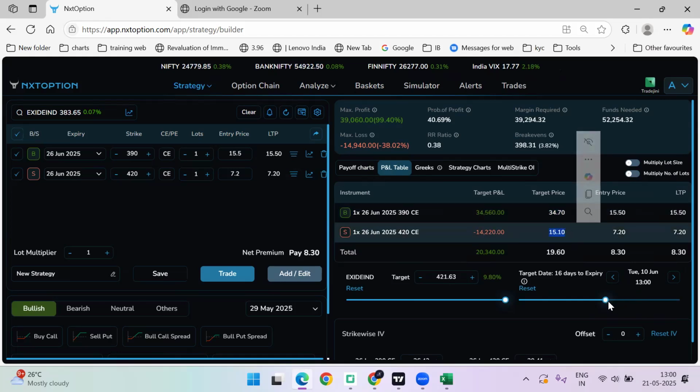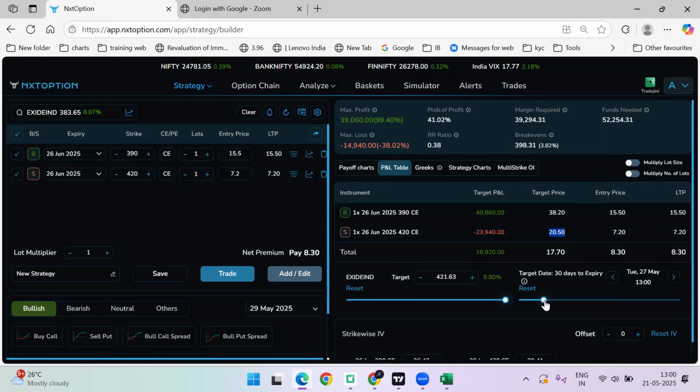Remember, if the price goes up tomorrow itself, then the 420 call would jump to 20 rupees because the theta decay would be lower. But if it goes up on 10th June, then it would only jump to 15. The premium would increase to 15 because the theta decay would have happened.